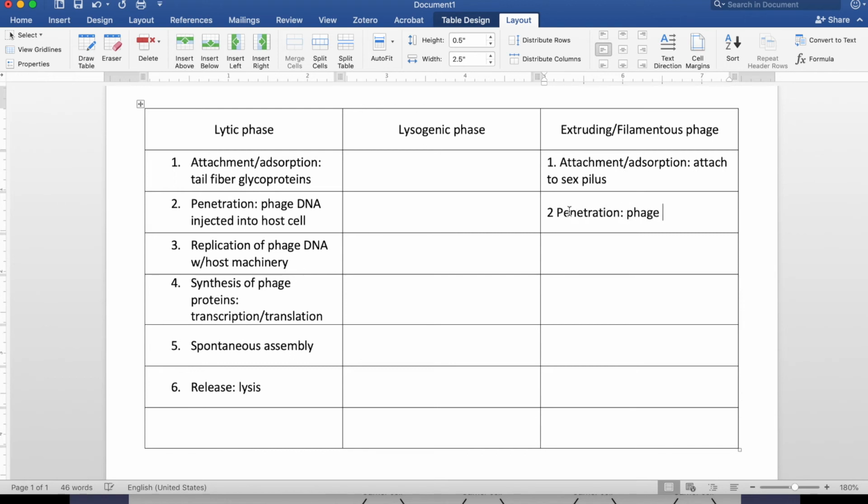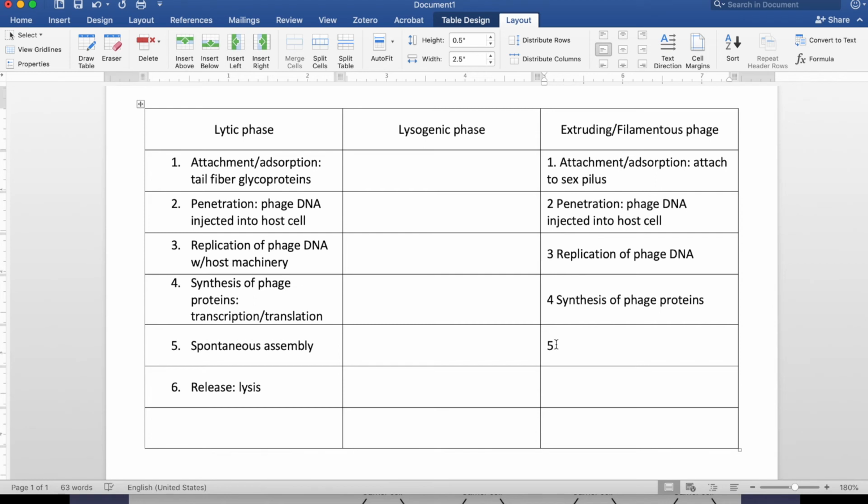Same thing, phage DNA is injected. 3 is same as before, replication of phage DNA. 4, synthesis of phage proteins. But 5 is also a difference.